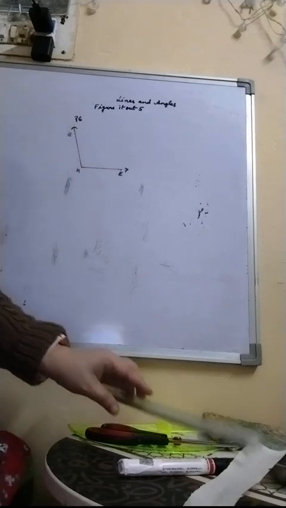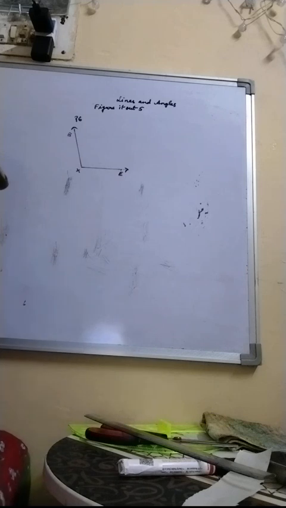angle. Now see the protractor. The reading starts from 0 and then we go 10, 20, 30, 40, 50, 60, 70, 80, 90, 100, 110.